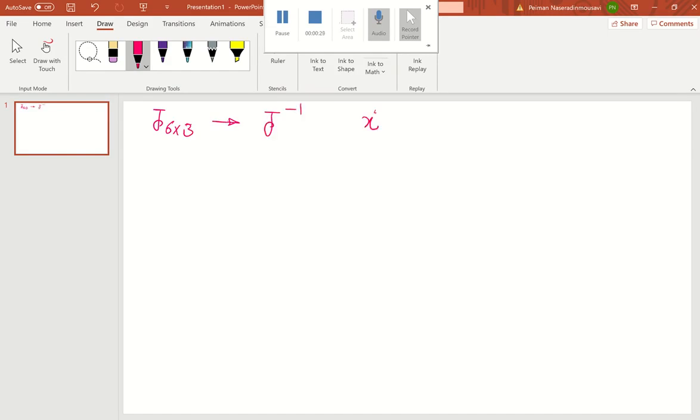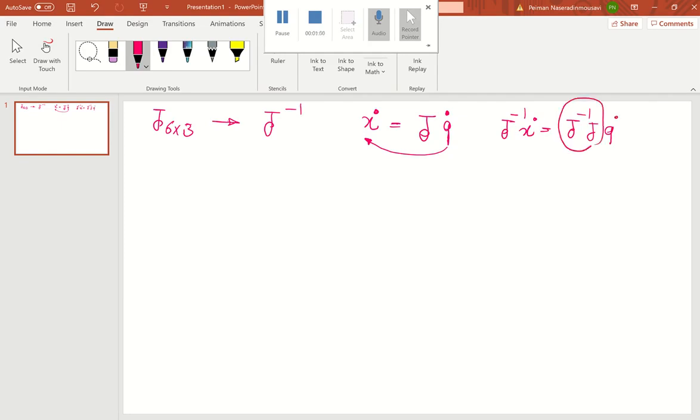Because I told you the Jacobian is relating the joints' angular velocities to the end effector velocity, right? So if I say J inverse, then x dot is equal to J inverse J q dot.